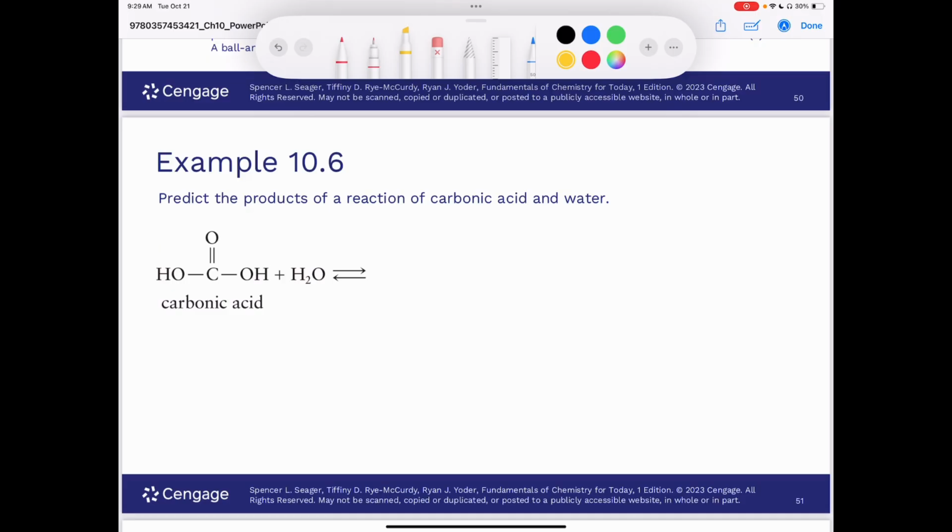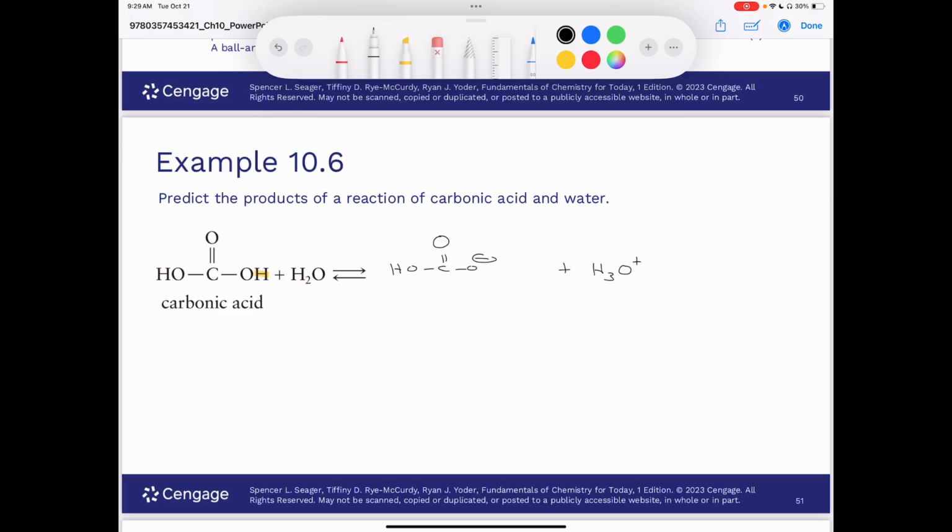What's going to happen is, since carbonic acid is an acid, it's going to give up one of its acidic protons. You see there's two of them, but it's only going to give up one. And so we're going to end up with our hydronium ion, of course, because once water takes on H plus, we get H3O plus. But what's left over is going to be everything else.